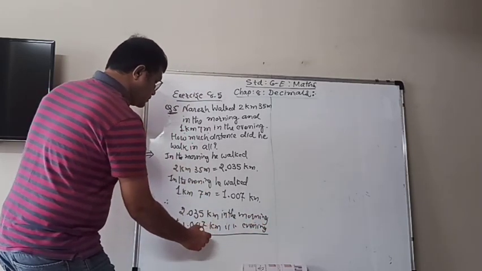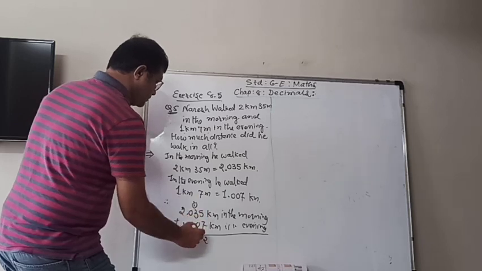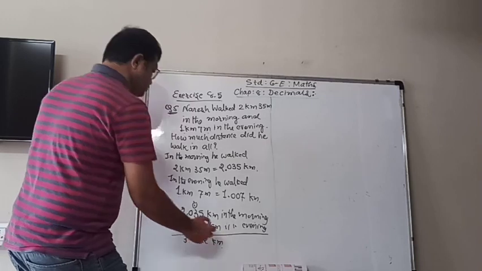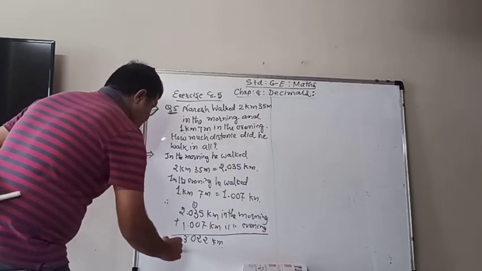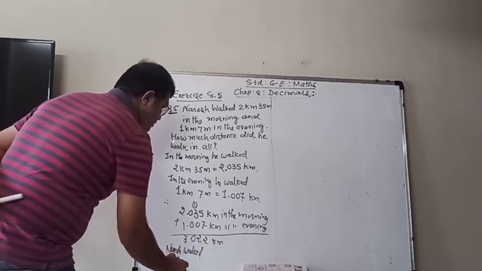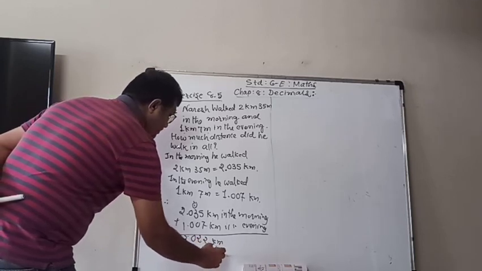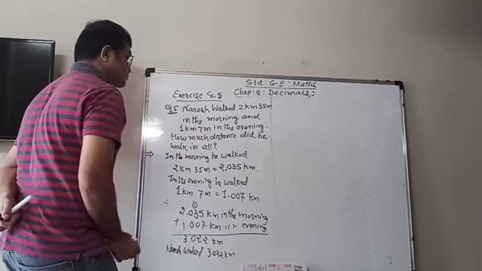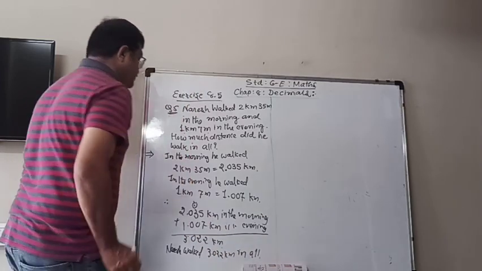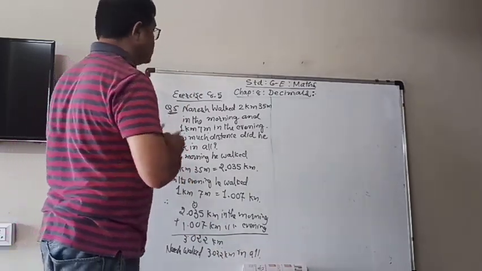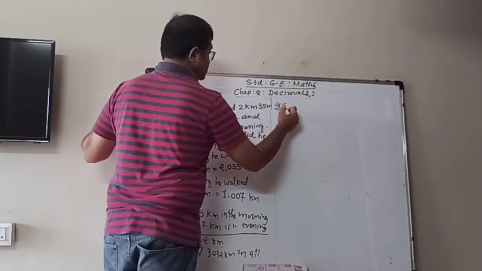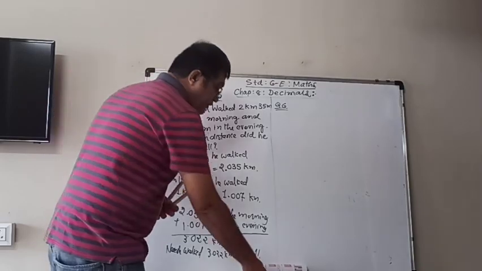So 7 plus 5, 12; 3 plus 1, 2... 2 plus 1, 3 kilometer. So Naresh walked 3.022 kilometer in all. So we have to add both distances that he walked in the morning and in the evening.